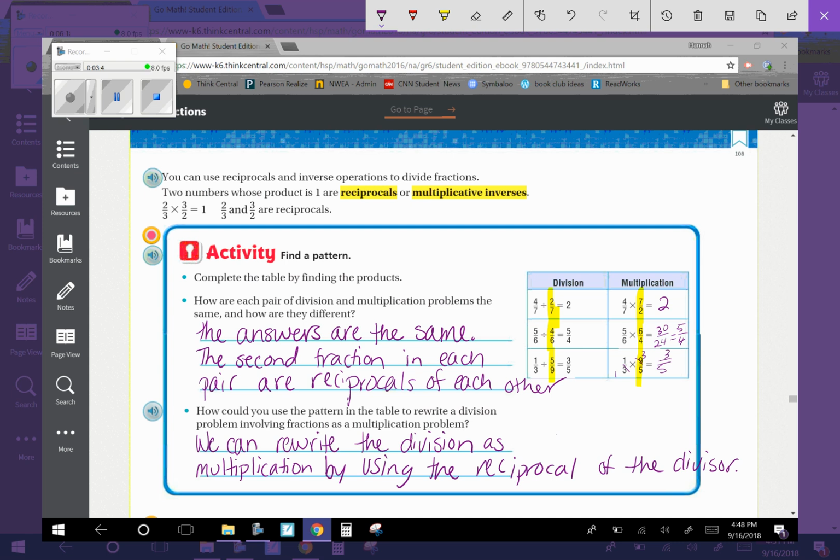That's why it's super important that you know what is being divided by what, because you have to use the reciprocal of the divisor. You can't use the reciprocal of just whichever one.